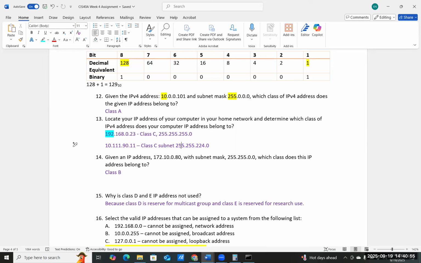So they had tweaked this to use another class for the IP. It's important to look at the subnet mask as well, in addition to your first octet, because if they subnet it, you can see that in the subnet mask. Okay.